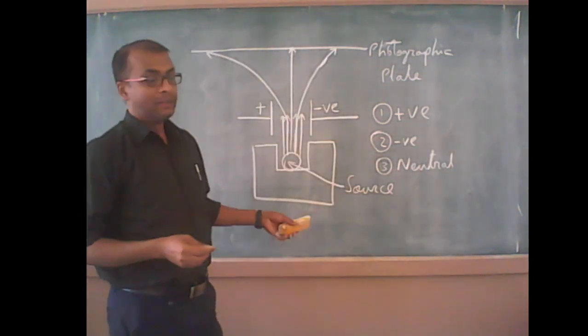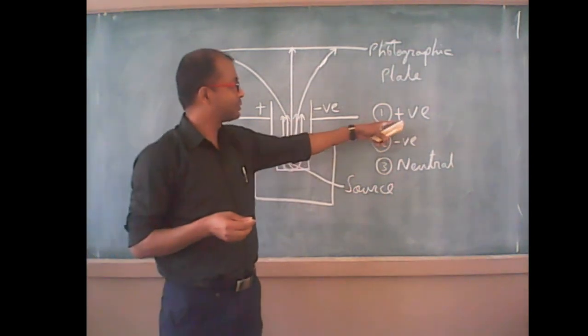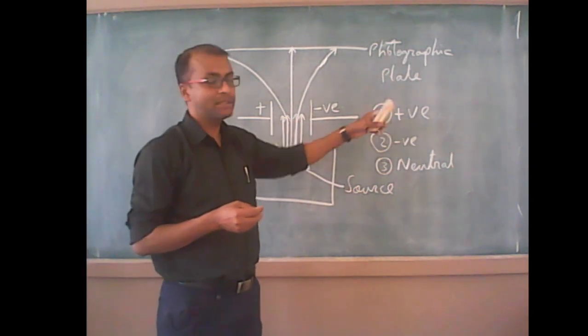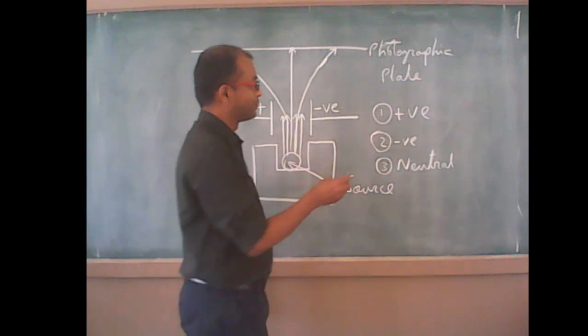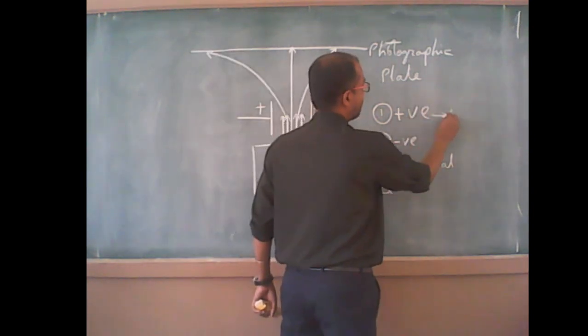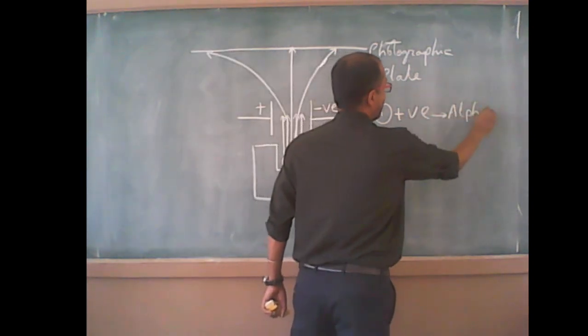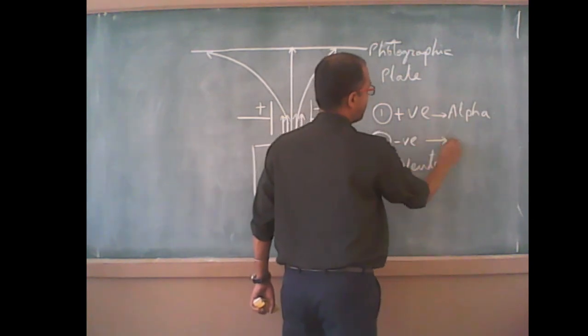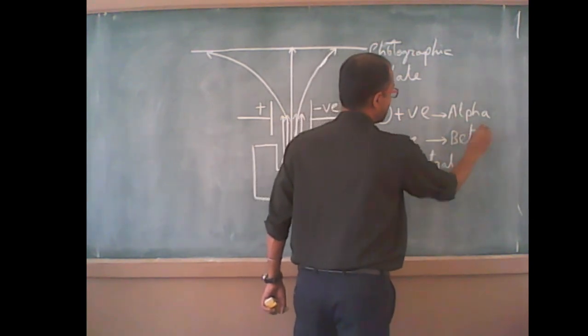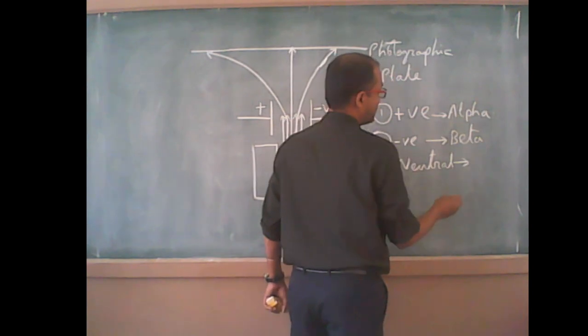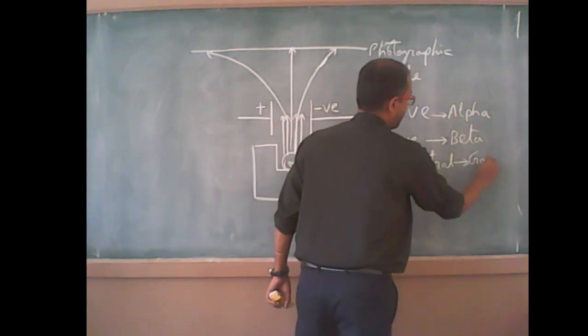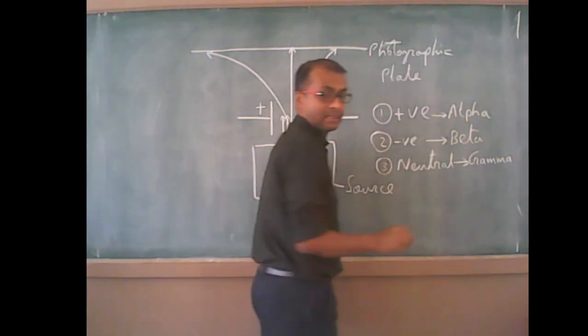Now we know that these positively charged particles emitted from a radioactive source, we call them the alpha particles. Then the negatively charged, we call them the beta particles, and these are the gamma rays.